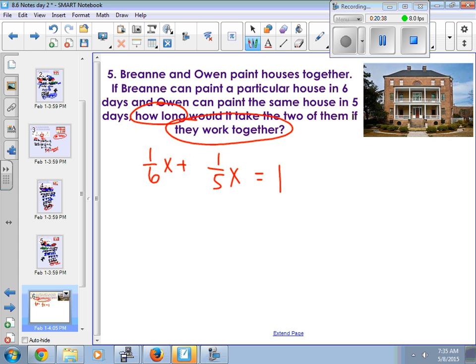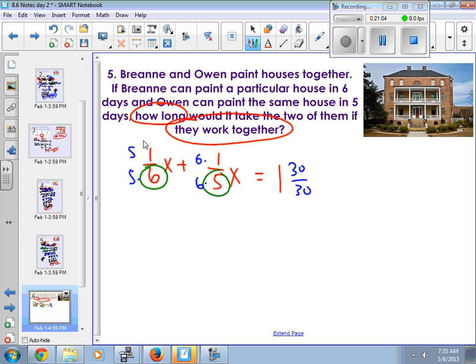Well, it looks like on this one, since we got different denominators here, we need to get a common denominator. The common denominator of 6 and 5 would be 30. So we're going to want to multiply this one by 5 and 5, and this one by 6 and 6, and this one by 30 over 30.